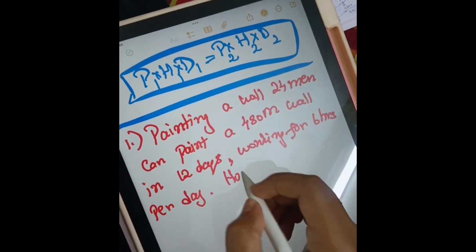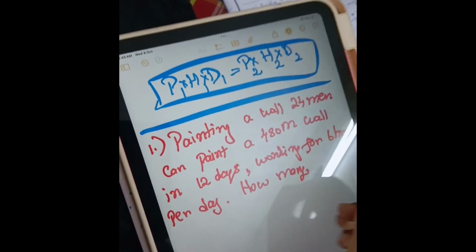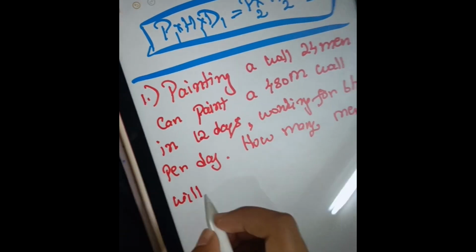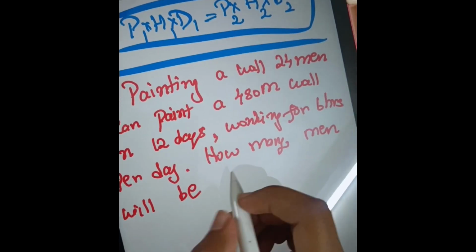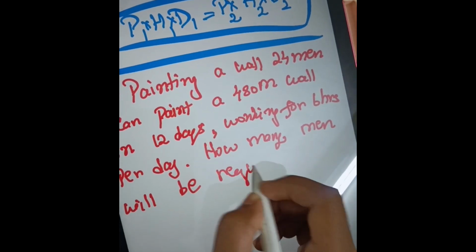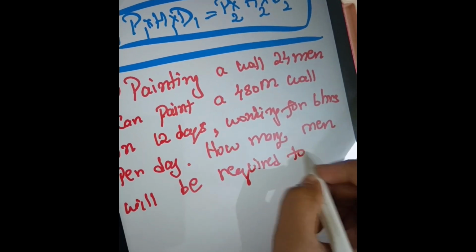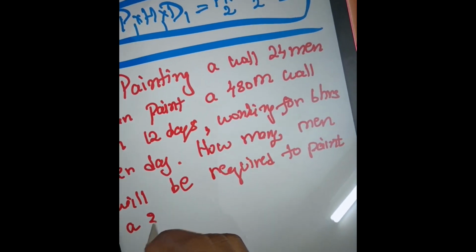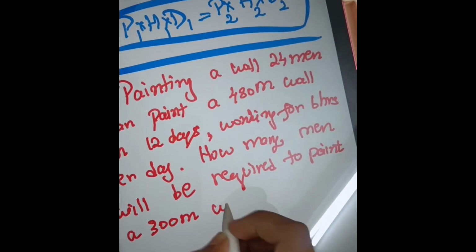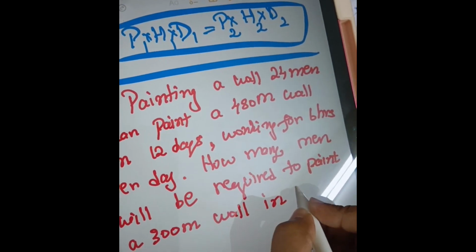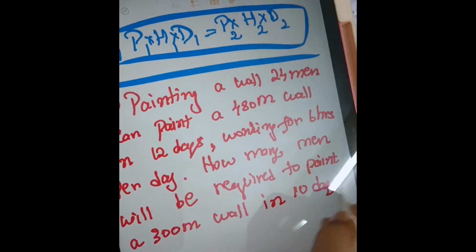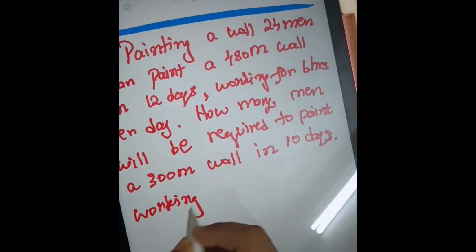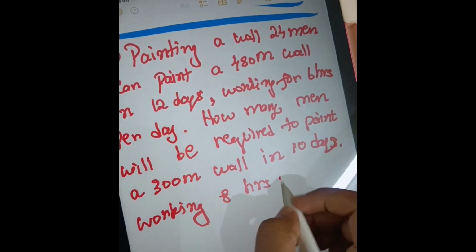Now you have to find how many men will be required to paint a 300-meter wall in 10 days, working 8 hours per day.